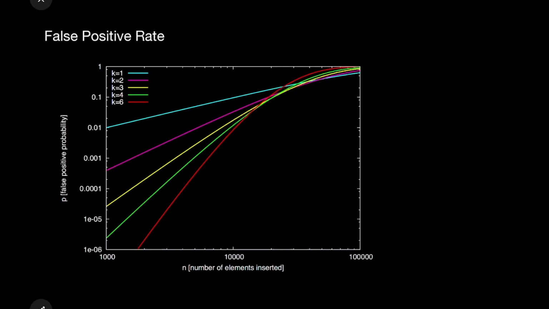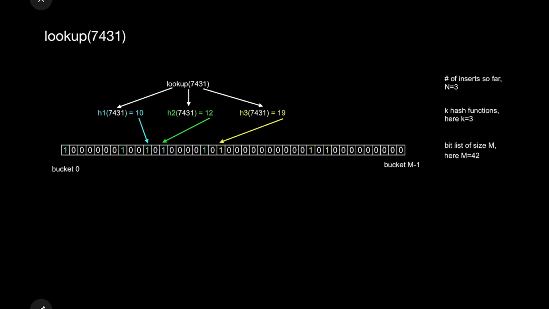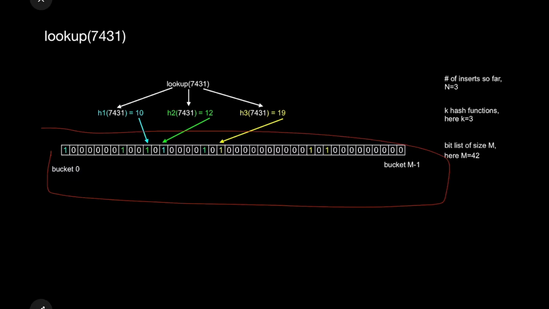And then basically you have parameters that you can fiddle with. You can play with the size, so the number of buckets. You set that in relation to the number of inserts. And then you can try to come up with a number of hash functions that are ideal for a use case.